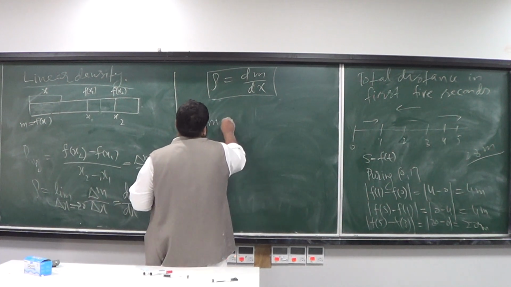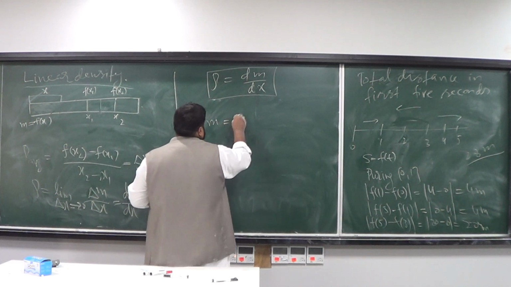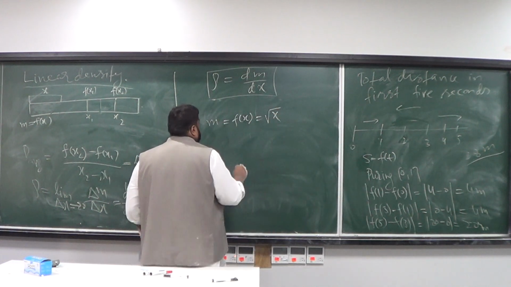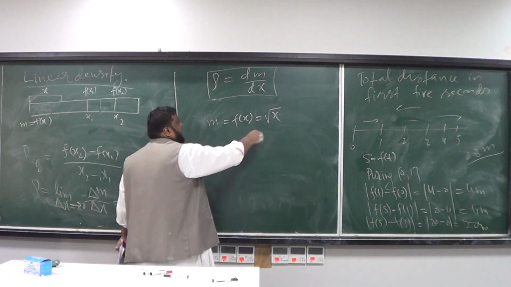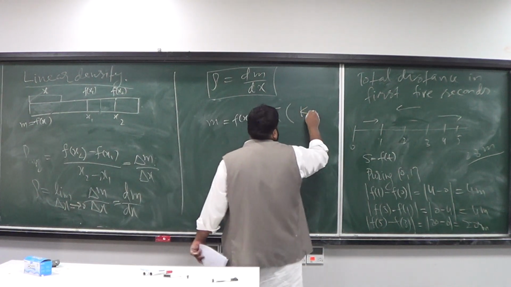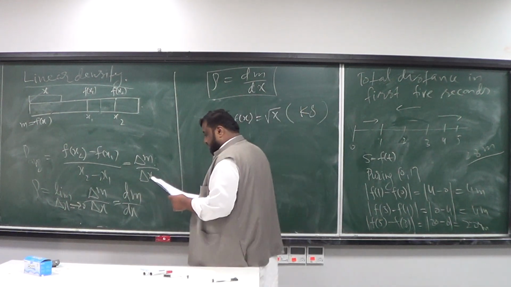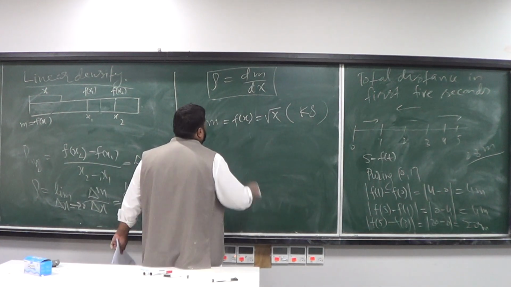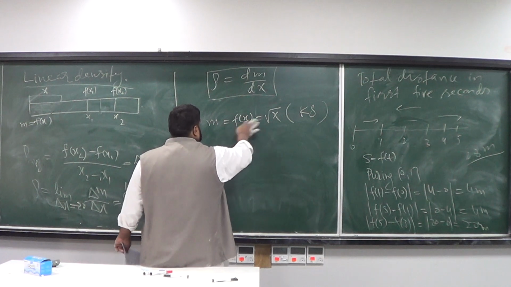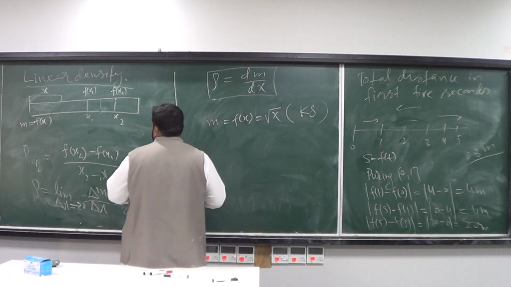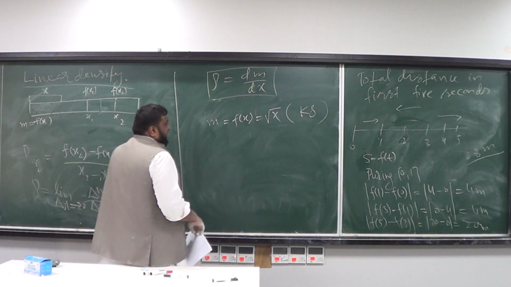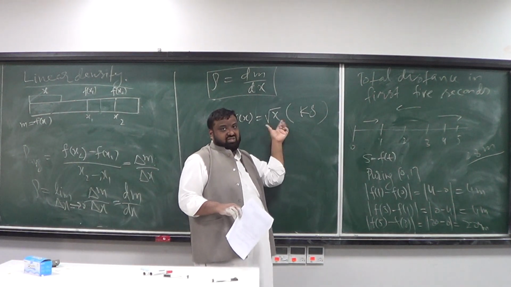Let's take m to be the function square root of x, and let's assume that we measure this mass in kilograms. So the model for the mass of this rod at any position x is basically the square root of x.